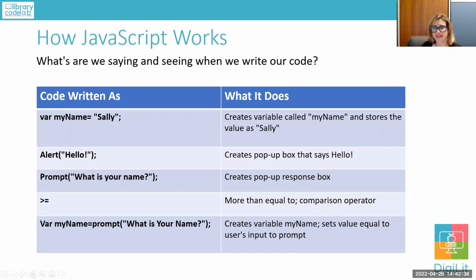All you're really saying in this example with the greater than or equal sign is that if the value on our left is greater than the value on the right, it will return true. And then in this last example on our little chart, we are creating a variable, myName, and whatever the user puts into the prompt, that's what the value will be.